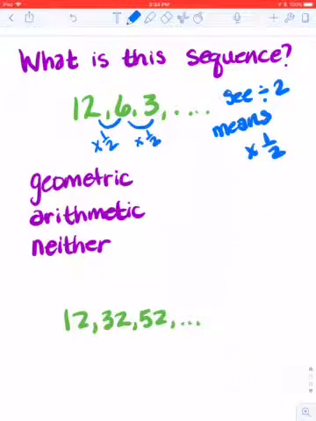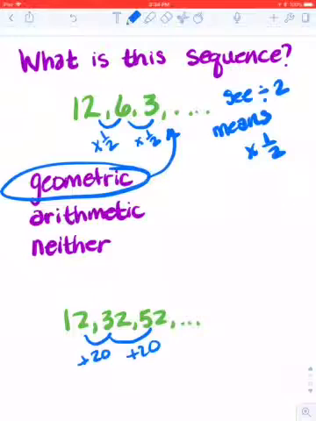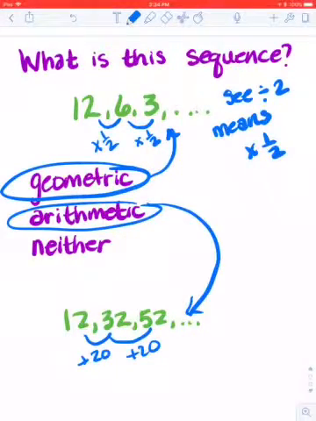Okay, so that means on this one, it would be geometric. Now if I look at the sequence below, 12, 32, and 54, this is going up by 20 each time, and it's the same. So that means on this one, it would be arithmetic, and your difference is going to be that positive 20.